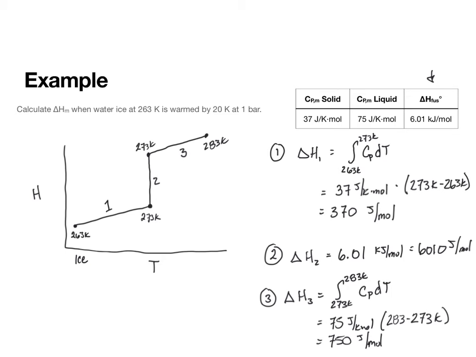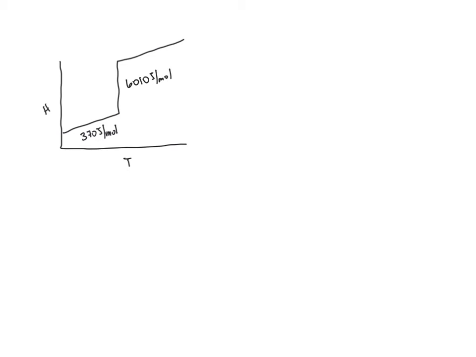So, give myself some more space. We said that this step was 370 joules per mole. This step was 6010 joules per mole. And this step was 750 joules per mole.